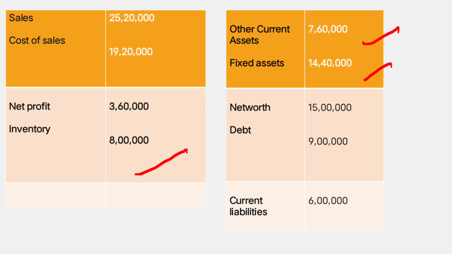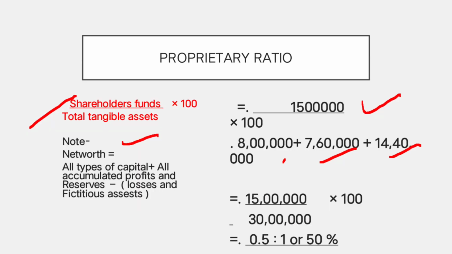Three types of assets are given: stock, current asset, fixed asset. The total is called total tangible assets, which is 30 lakh. 15 lakh divided by 30 lakh into 100, so you will get 50%, that is 0.5:1. Clear? Yes. Thank you.